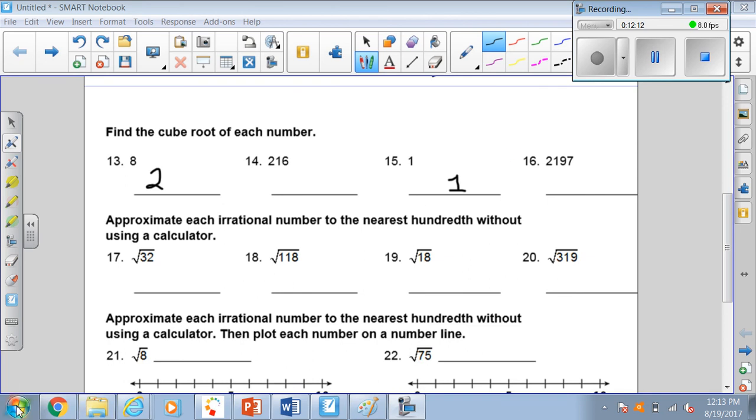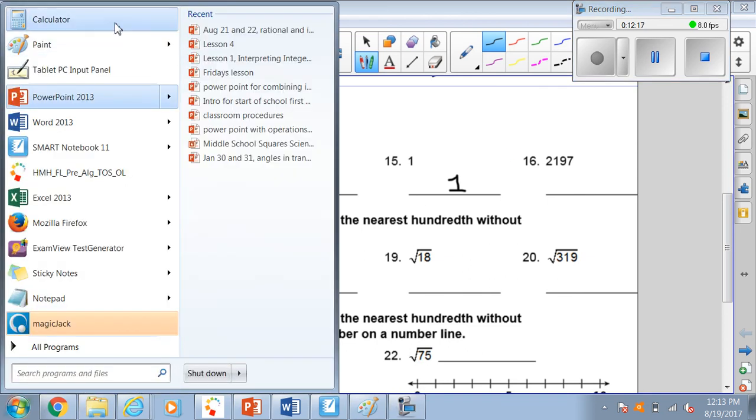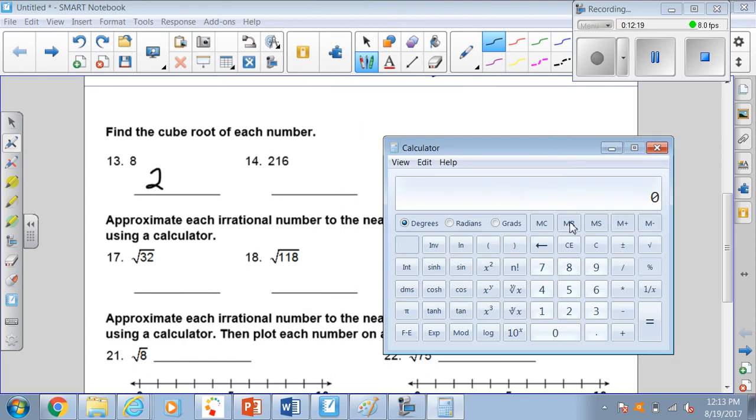Now, for those of you wondering, hey, what if I wanted to find something more than cubed? Here is the information you need for that. Let's say I was trying to do the cube root of 8. Instead of using this one, I can press this button, and you see now I can pick which number I want.